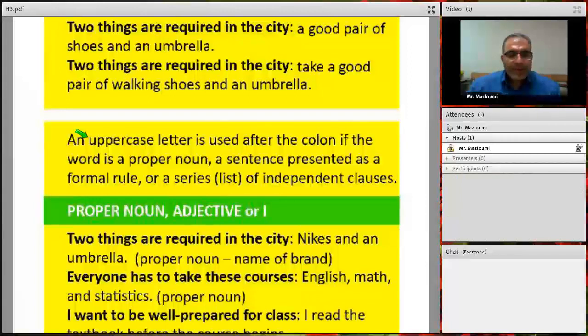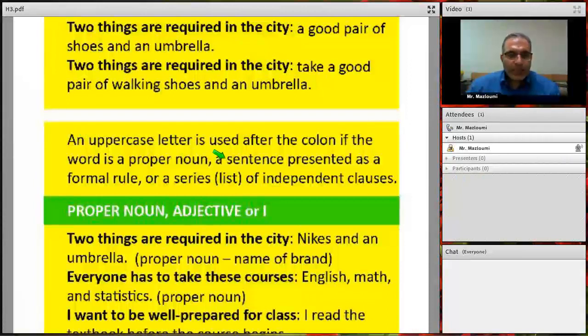Proper noun means the name of a particular place, name of a person, name of an object, for example, countries, days of the week, months, of course, these are always capitalized. For example, we use Ali, we use Iran, we use the Eiffel Tower. These are all proper nouns, everyone.